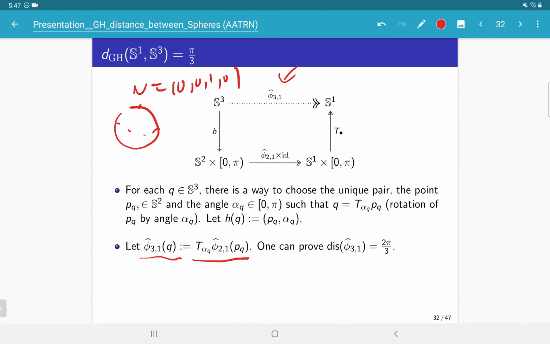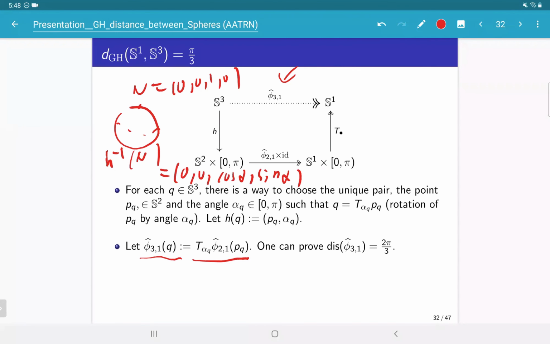And what is the inverse of this map? Okay, I remember. It is something like the collection of all the cosine alpha, sine alpha.